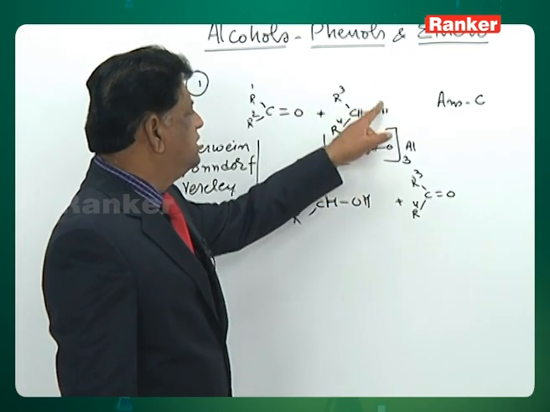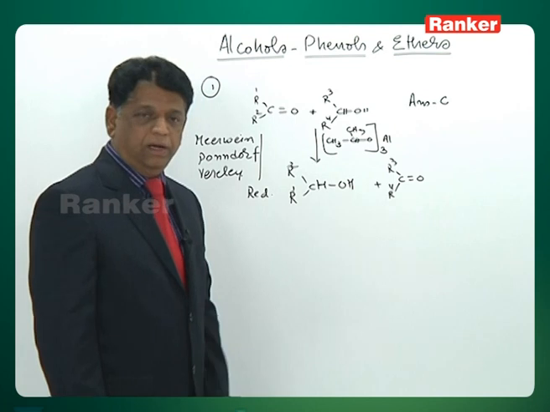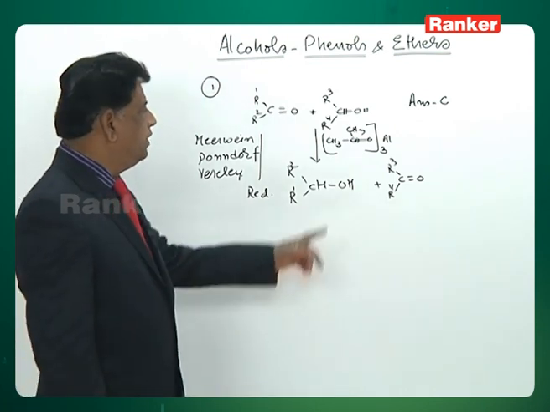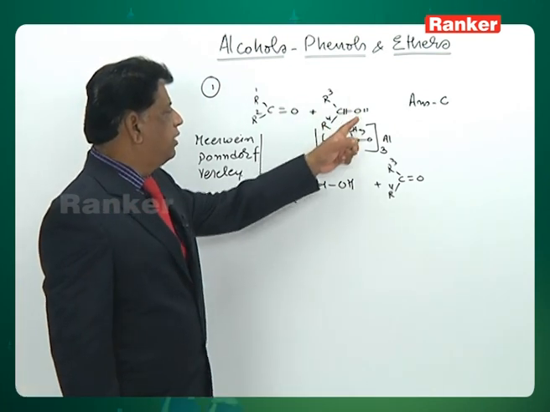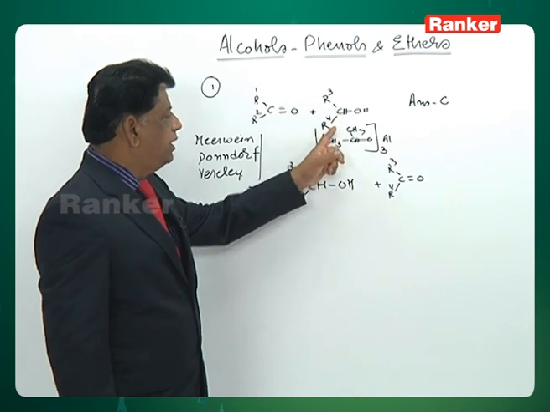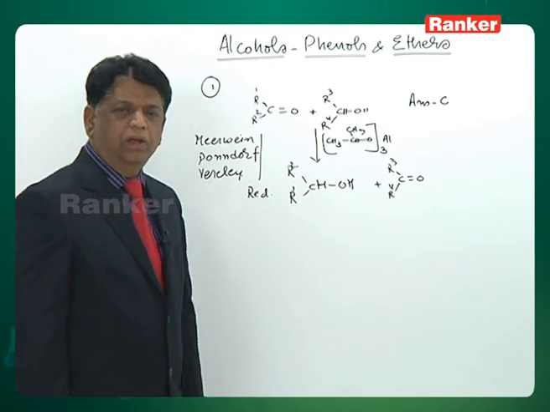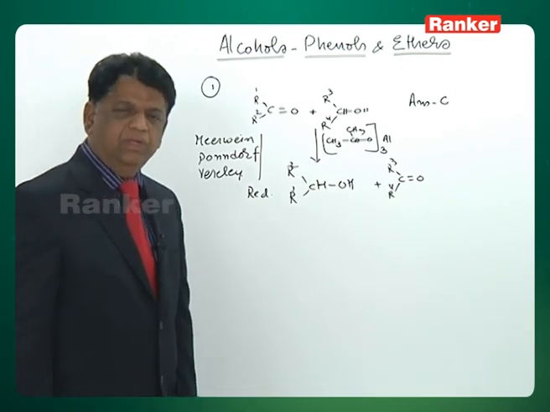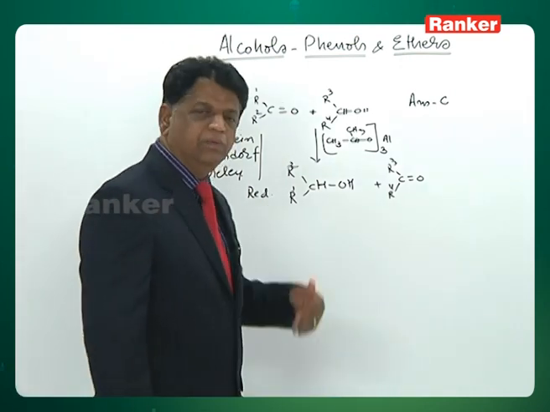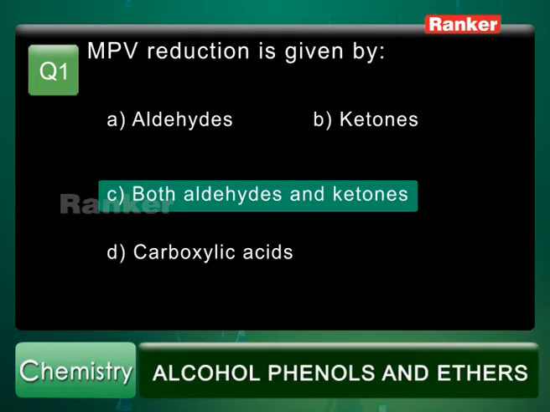Therefore, always choose this alcohol as isopropyl alcohol. In the MPV reduction, the alcohol chosen as a side product should be isopropyl alcohol. Any carbonyl compound gives the corresponding alcohol. Aldehydes give a primary, and ketones will give the 2 degree alcohol. So answer is C therefore.